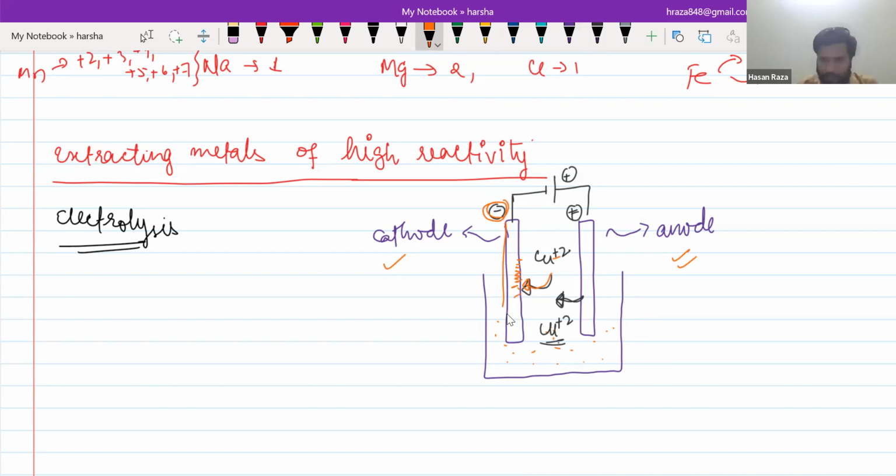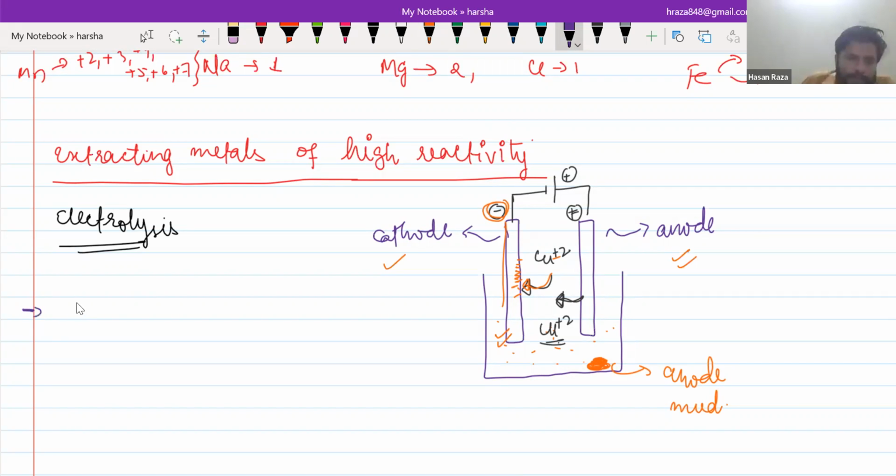So basically the pure form of copper will be deposited on the cathode, and the particles, mud and sand, will be deposited near this anode, and this is called anode mud. I'm going to write a point about it and then again I will explain.